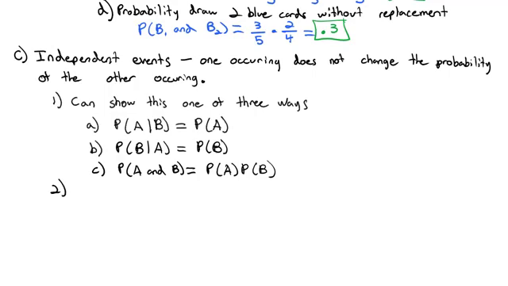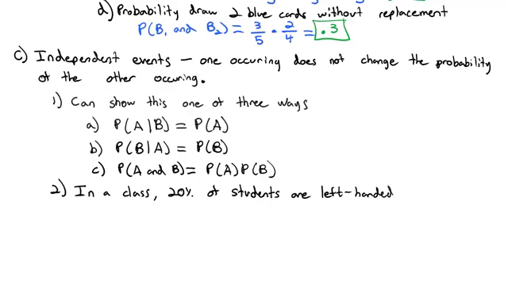So for example, let's say in a class, 20% of students are left-handed. Five percent of students are earning an A in the class.